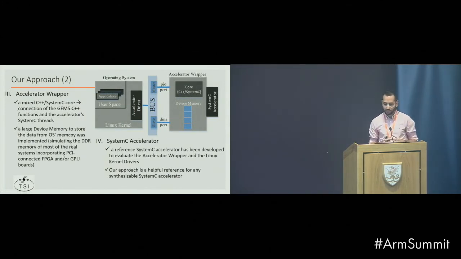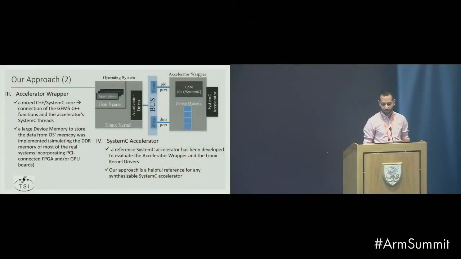Our accelerator device was developed in order to achieve efficient communication and synchronization of gem5 and the SystemC accelerator. It inherits all gem5 DMA characteristics, so that full DMA transactions utilizing the full operating system can be performed. Specifically, a core containing mixed C++ and SystemC code was implemented for the connection of the gem5 C++ functions and the accelerator SystemC threads.